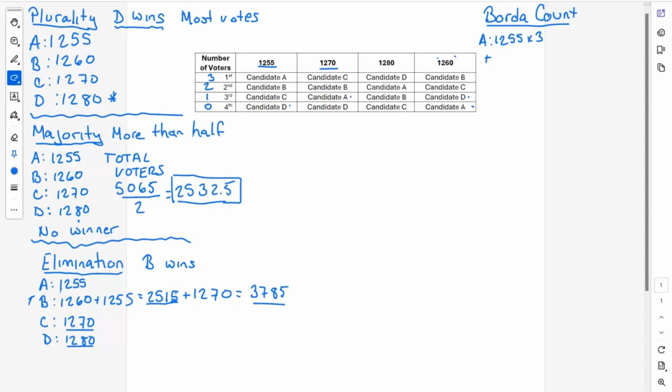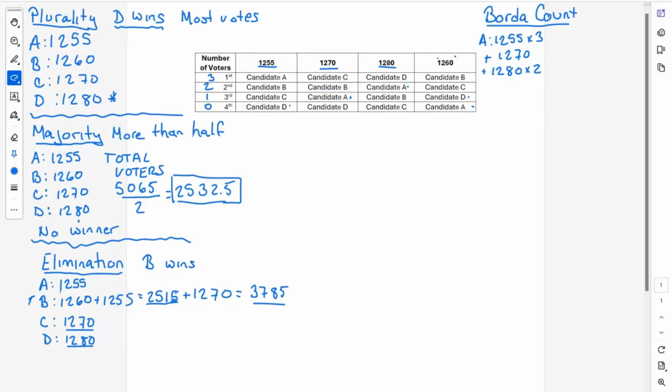These 1,270 people ranked candidate A as their third choice, which means candidate A gets 1 point for each of these 1,270 people. So we'll add 1,270 on to candidate A's total. These 1,280 people put candidate A as their second choice. So candidate A gets 2 points for each of these 1,280 people. So it'll be 1,280 times 2, right? And we'll add that to the total.